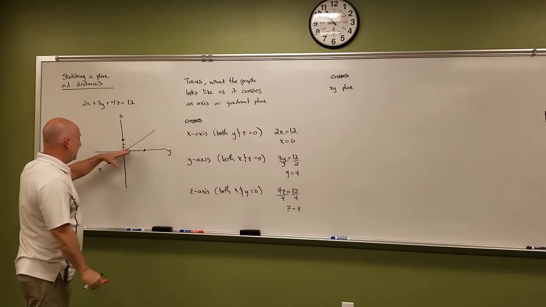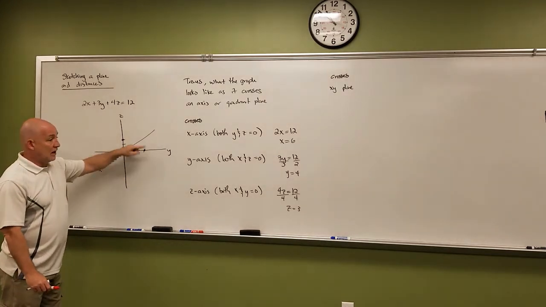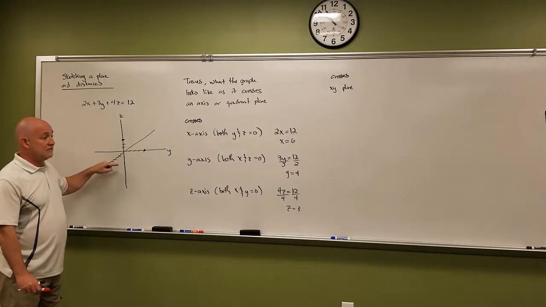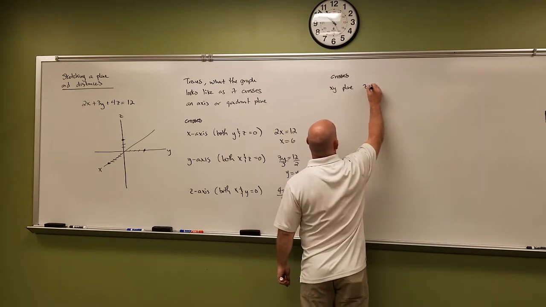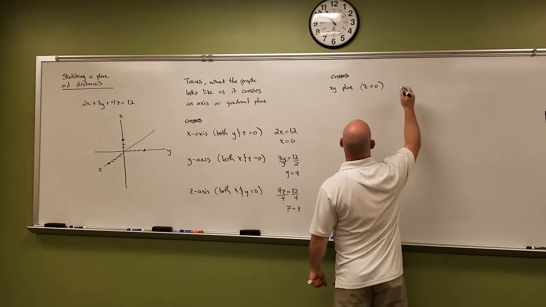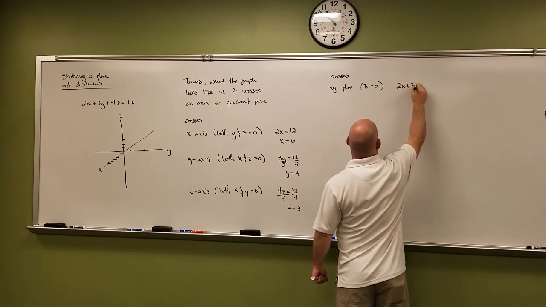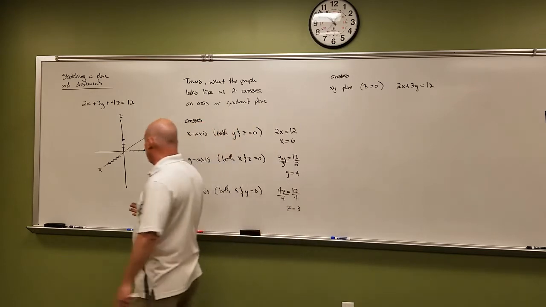We're looking at the entire XY plane. What can we say about every point in the XY plane? Every point in the XY plane, the Z value is equal to 0. So we get Z is equal to 0. Well, if Z is equal to 0, what we end up with is 2x plus 3y is equal to 12. Okay, that's the equation of a line.